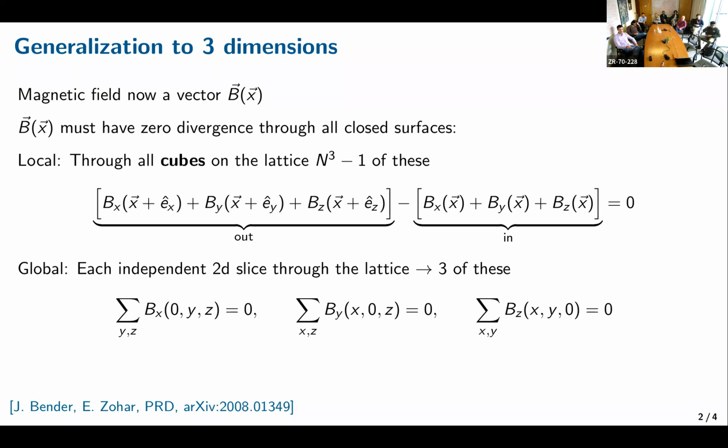But you also have these global constraints still, because you have these 2D slices through your lattice. You need to make sure that there's 0 divergence through these as well. But yeah, this has been studied. And to answer the second part of your question, you might want to talk to Christian because he is currently working on how to figure it out for SU2 and higher extensions, but that has not been worked out yet.